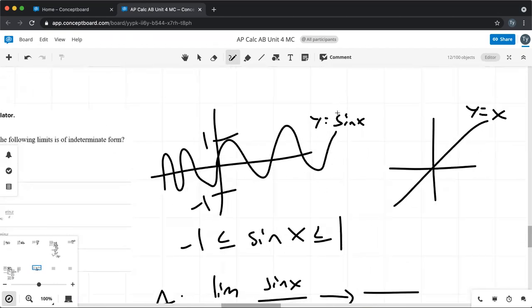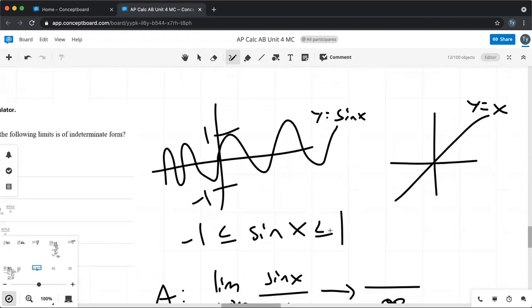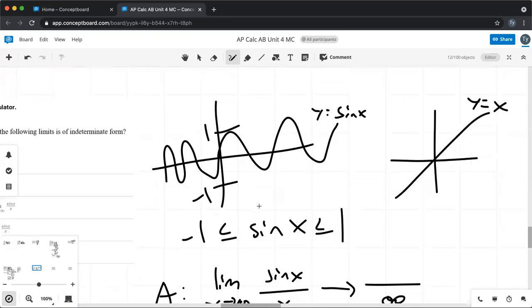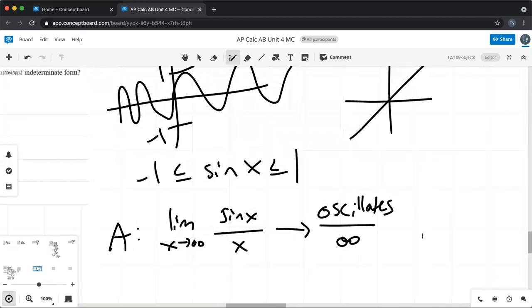Well, the top part being sine x, it never settles on anything. It just keeps oscillating back and forth between 1 and -1, going through points in between, as we see here, but it never breaks this range between -1 and 1. Because of the oscillating nature of sine of x, this limit does not exist.